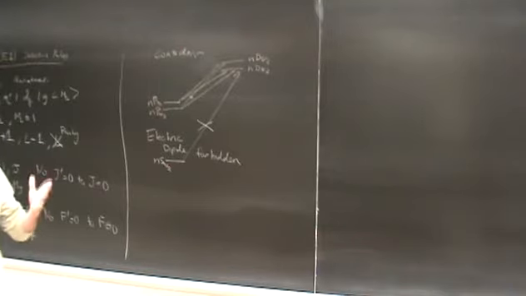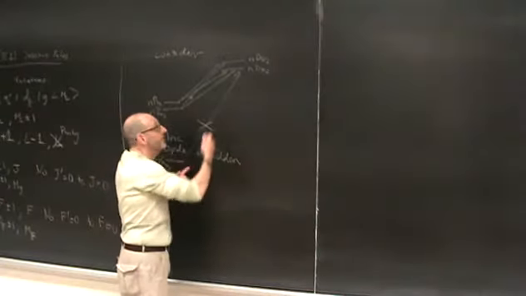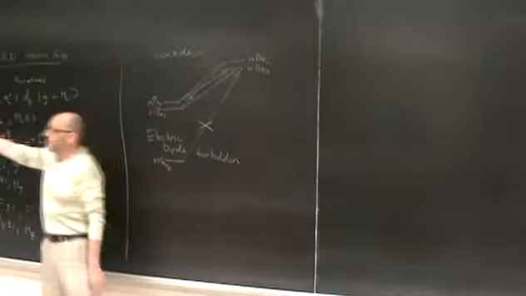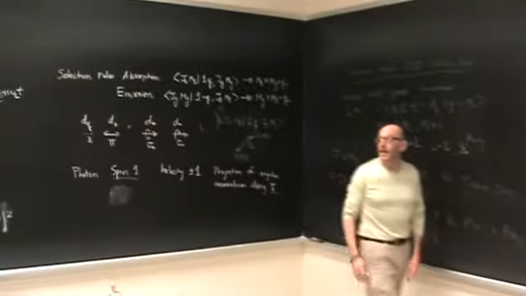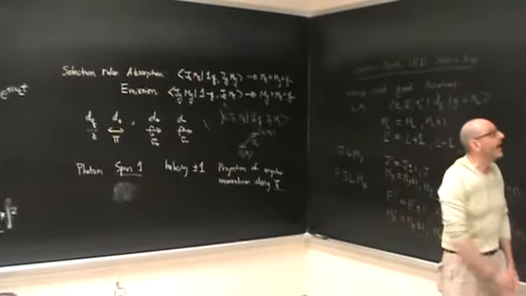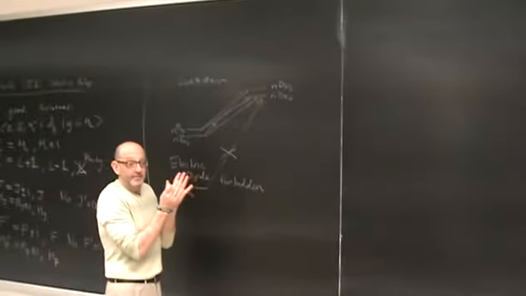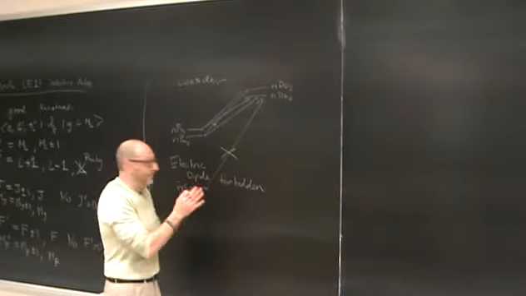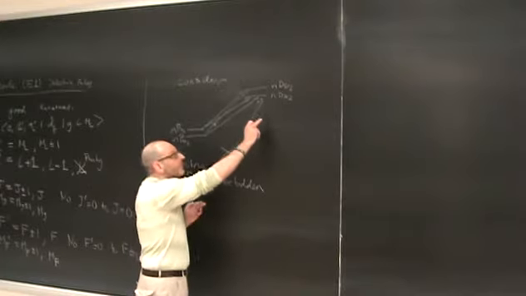It just means the electric dipole moment vanishes. Why? Because of the Wigner-Eckhart theorem. There's no way that the dipole operator, which is a rank 1 vector with one unit of angular momentum, can get from something that's J equals 0 to this.